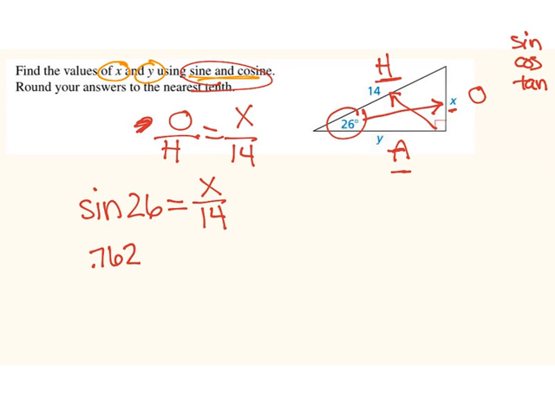So 0.4384. You need at least 4 places there to get the most correct answer. And that equals x over 14. Now, how am I going to get that 14 off the bottom of my x? I'm going to multiply by 14.